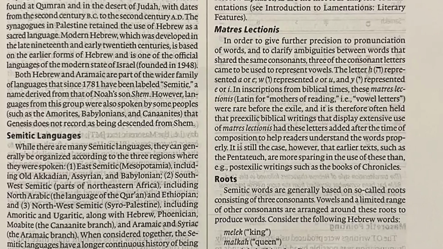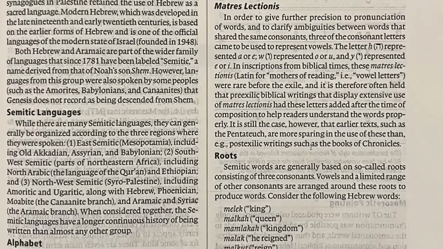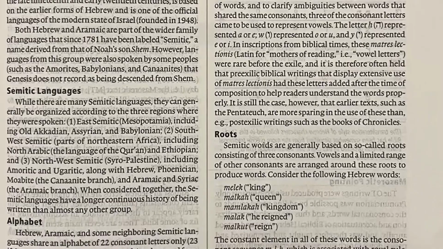There's the presence of certain vowels within certain texts that we would think are older. Some people might try to date the book later, right? But the ESV Study Bible here is trying to give us a reason why that might be. These vowels might have been added in as scribes copied down scrolls.